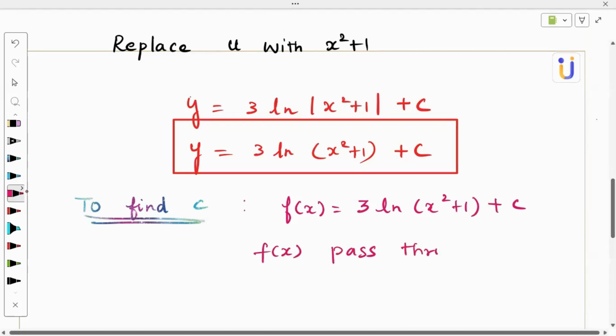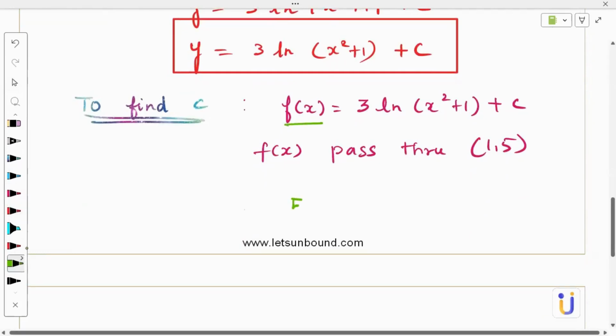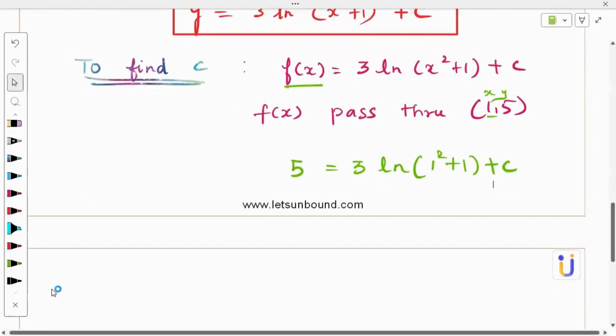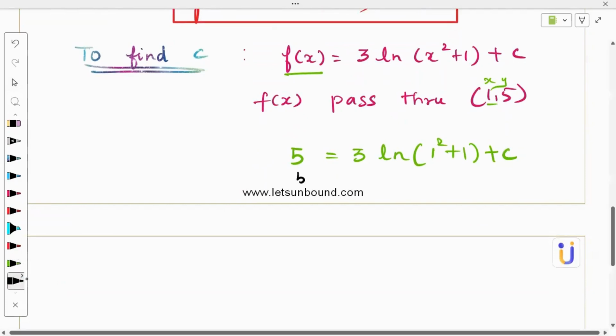So direct substitution, which means this point lies on that graph. Substituting 5 in place of f of x, that is the y. 3 ln x square, x is going to be 1, so 1 square plus 1, plus c. This gives us the c value: 5 equals 3 ln 2 plus c, and c is 5 minus 3 ln 2.